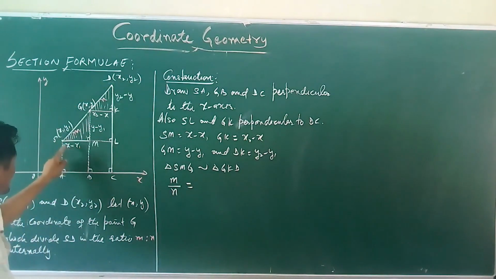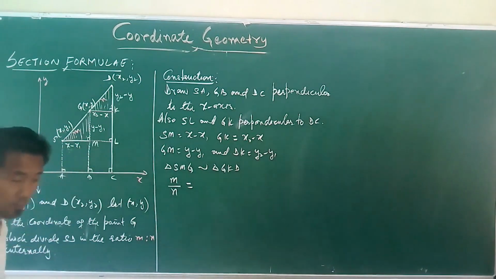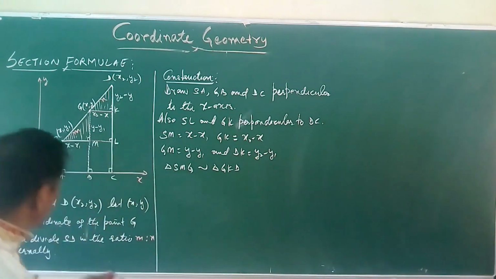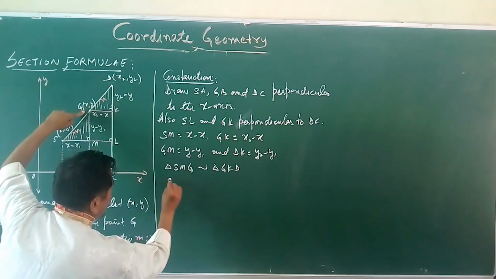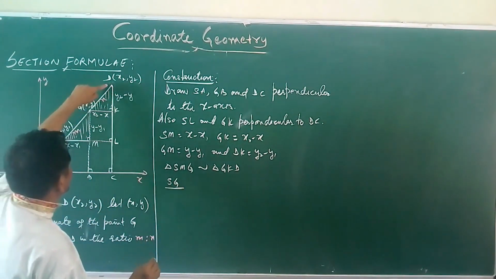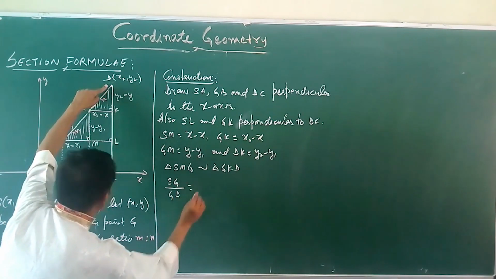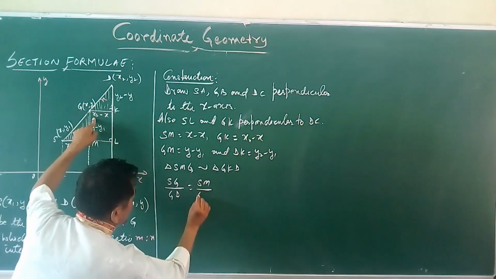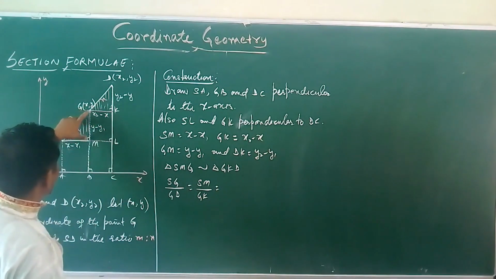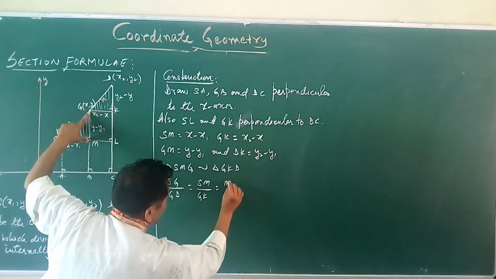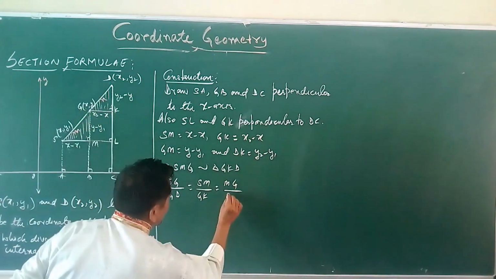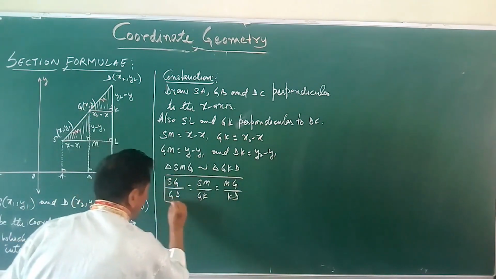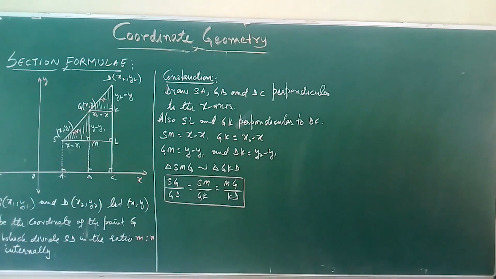SG divided by GD is equal to SM divided by MG, instead of KD, all of that in similar triangles, the corresponding sides ratio.